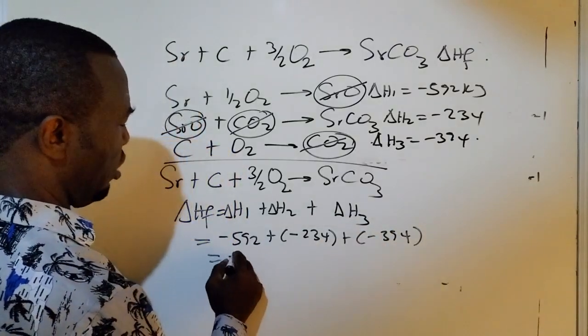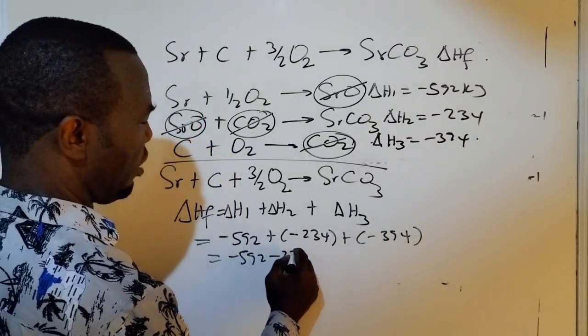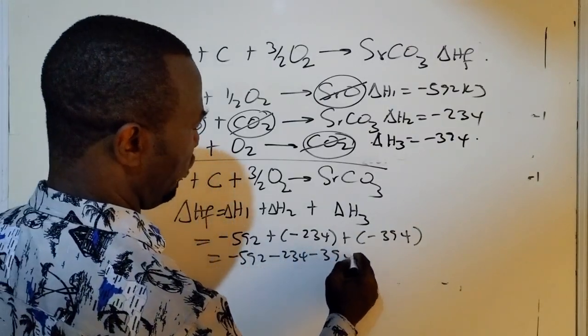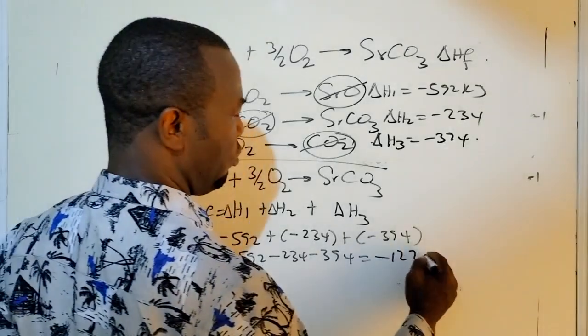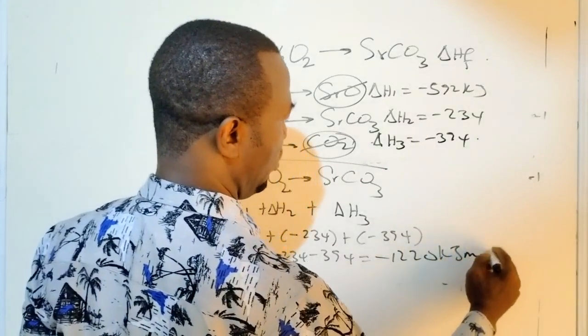That gives us minus 592 minus 234 and then minus 394. Our final answer to this question will become minus 1220 kilojoule per mole.